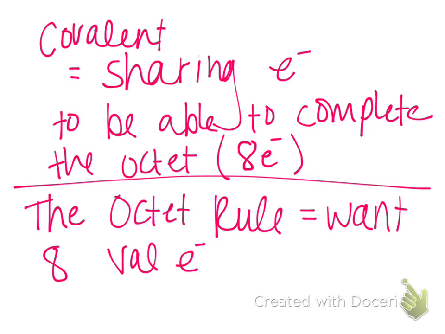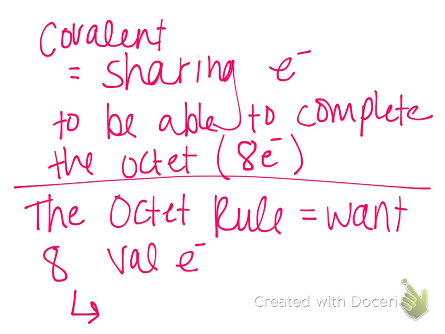That's every element's goal. Every single atom wants to complete the octet. But of course, there's exceptions to the rule, because things can't be simple like that. Some can have more than 8, and some can have less than 8.